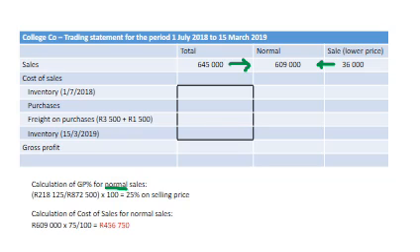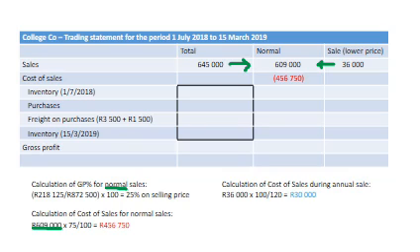Then I'm going to apply that to the current 609,000 that we have, and we see that our cost of sales is 456,750. I also need the cost of sales for the annual sale period, but this was given to me in the question. So by applying that, we see that we have 30,000 Rand cost of sales.